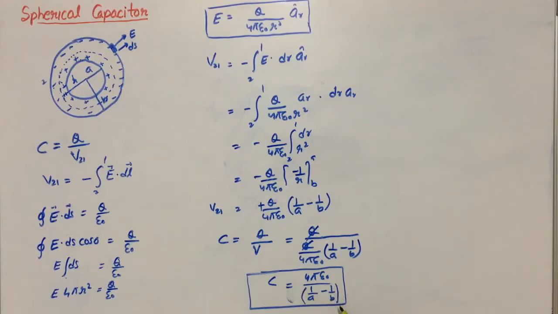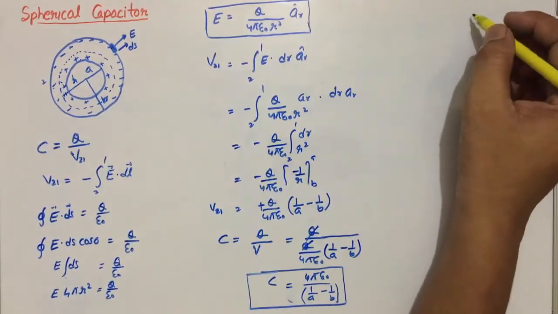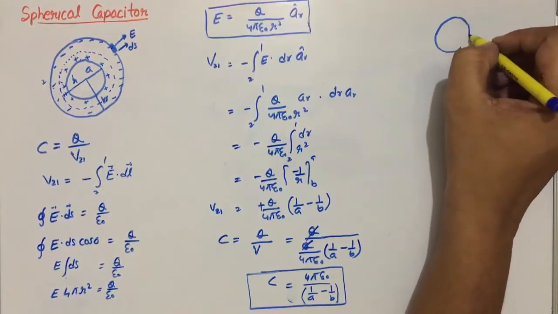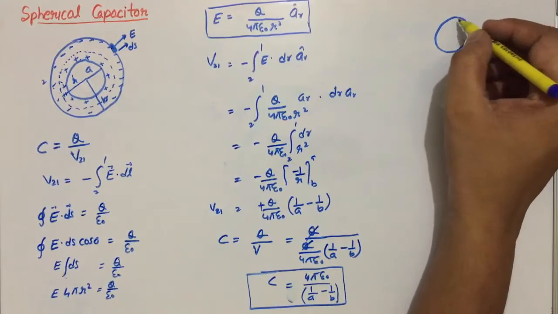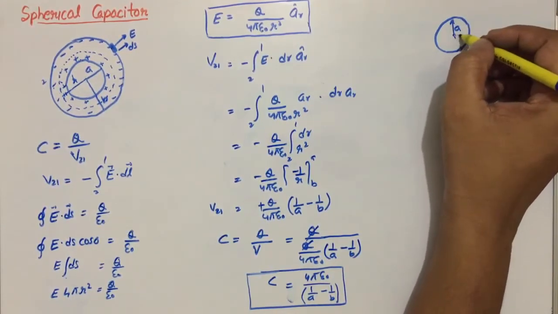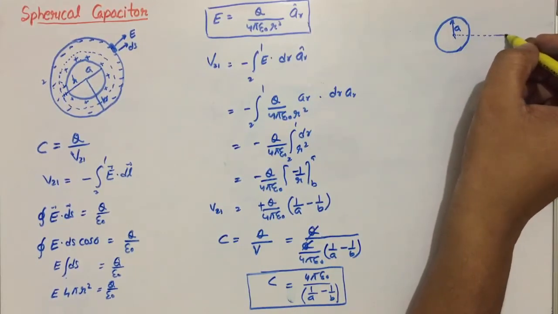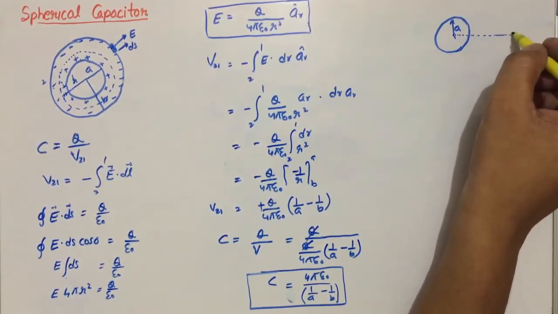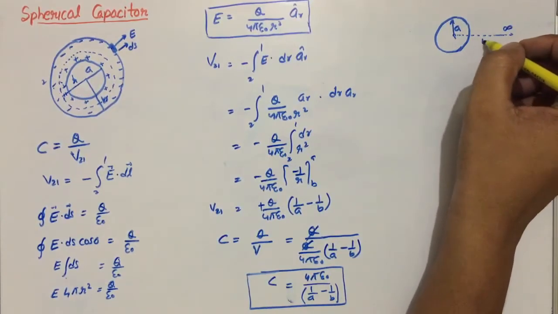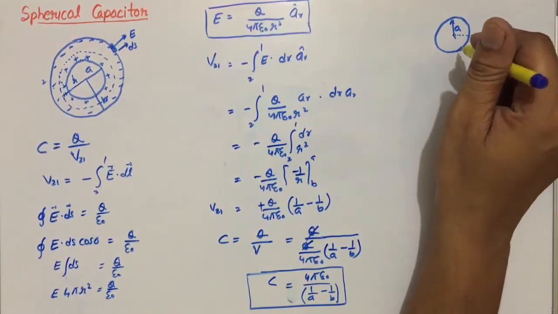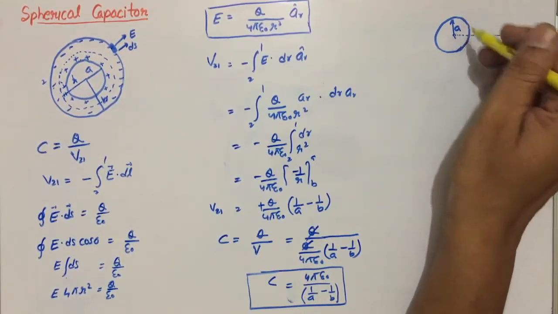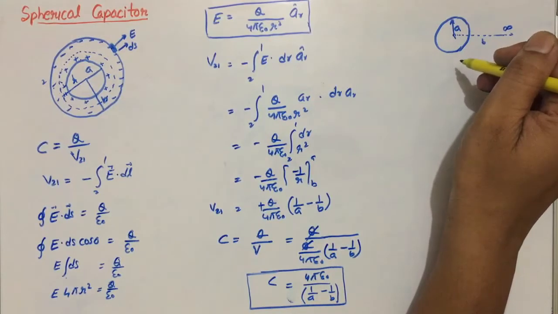Okay. Now consider a single spherical conductor. The radius is a only. Consider b is very far, for example infinite. So in that case, if we have a single spherical conductor, then this type of arrangement is known as an isolated sphere.